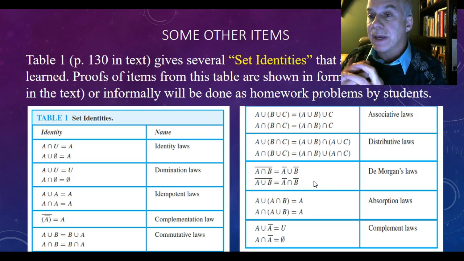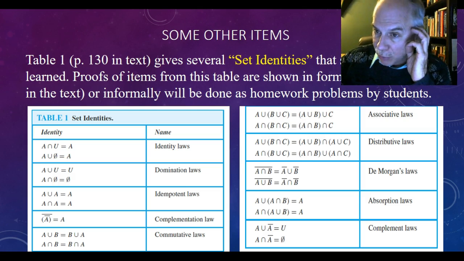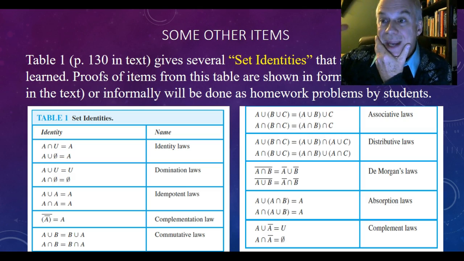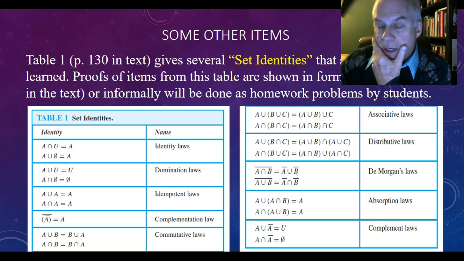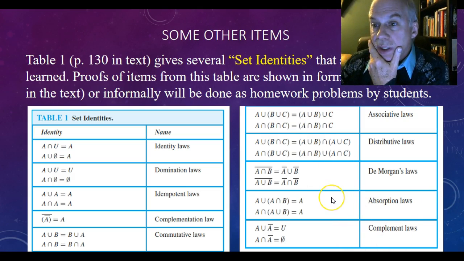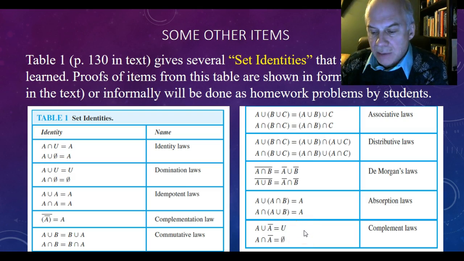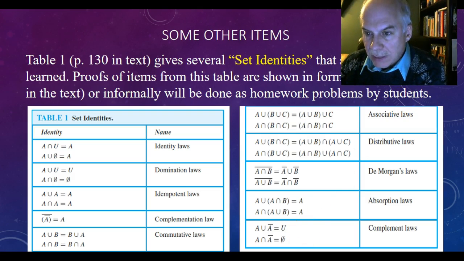So the complement is comparable to putting a negation on the logic statement. Remember, we were looking at De Morgan's laws when we had negations? Well, that's what the complement is similar to in terms of union and intersection and sets. And then you have the absorption laws and the complement laws. Think about those, but we need to move on.